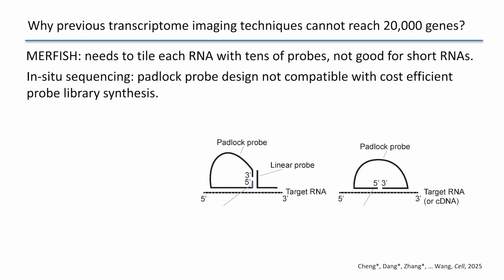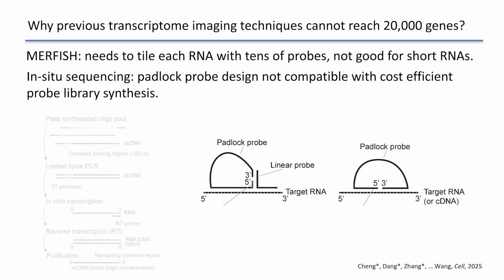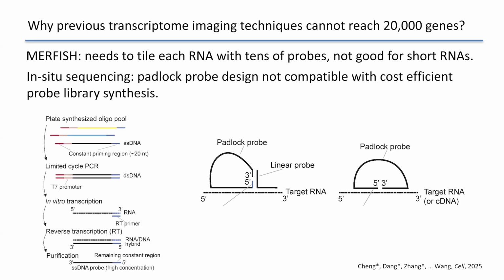However, these padlock probes need to be individually synthesized, which is cost prohibitive when scaling up to target the whole transcriptome. In RAEFISH, there is actually this cost-effective probe library amplification procedure, but the key constraint here is the 5' end of the final probe will have a long constant region.